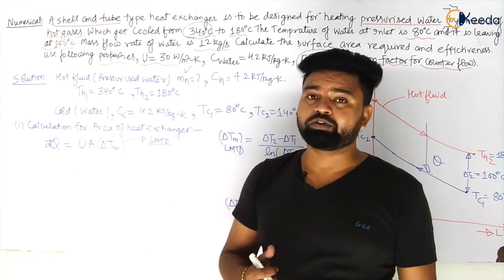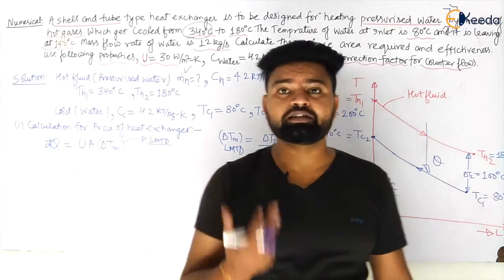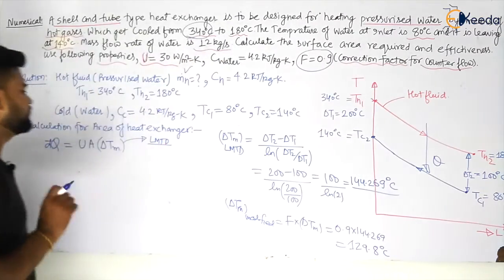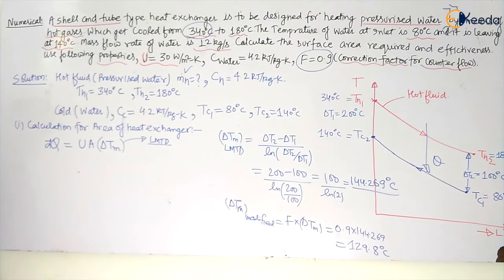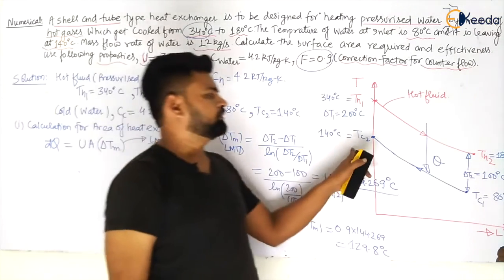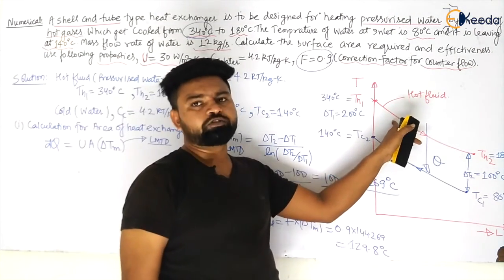So can I calculate the heat transfer? Yes sir, we can easily calculate the heat transfer. Let us see, my dear students. If we want to calculate the heat transfer, how can we go about it? Everything we know now. Can we calculate the heat transfer for the hot fluid?